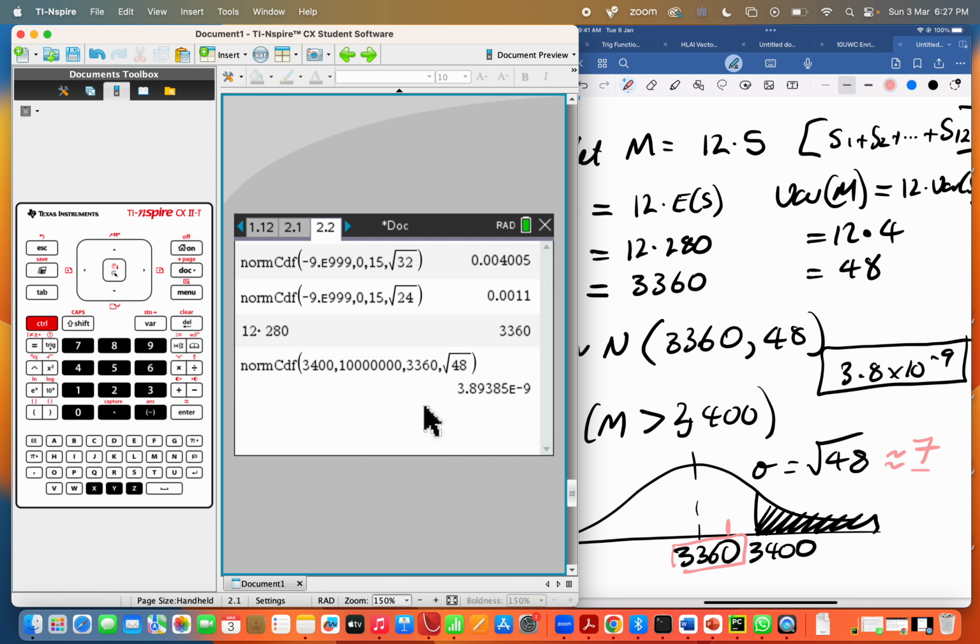From 3,360 all the way up to 3,400, that's a distance of 40, and that's about 6 of these, so it's almost 6 standard deviations. So you can see why that area here is so minuscule, because this particular point is almost 6 standard deviations away from the mean. Now we know within 3 standard deviations is 99.7 or so percent. So it's clear why this number is a crazy small number.